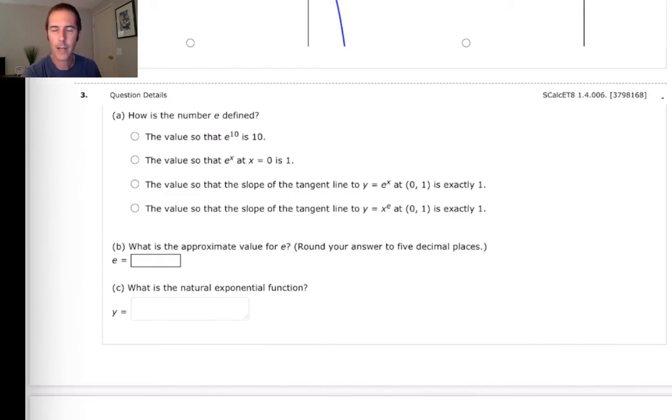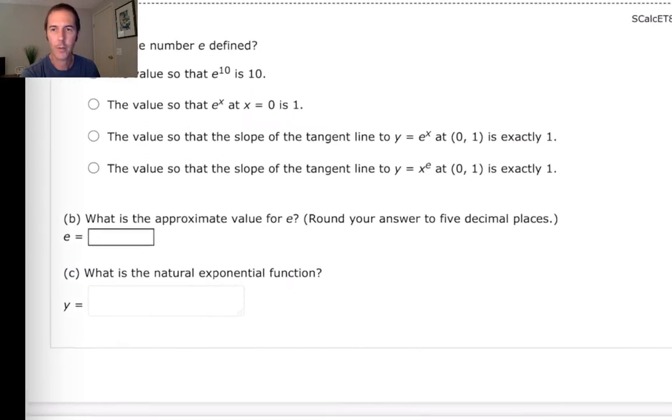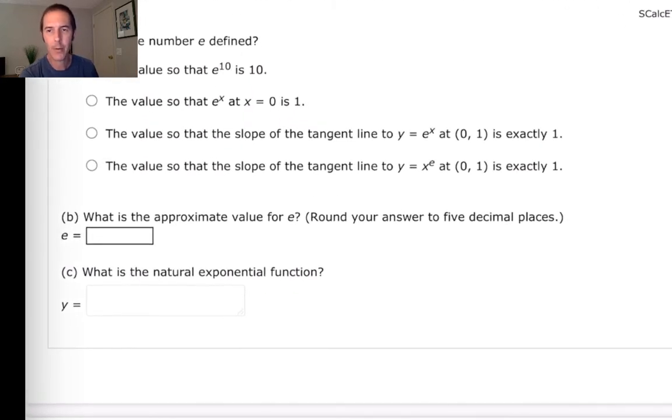And what is the natural exponential function? What they're saying there is, what's the b value for the quote-unquote natural exponential function? And the word natural might remind you of natural log. And the natural log function is the inverse of the natural exponential function.